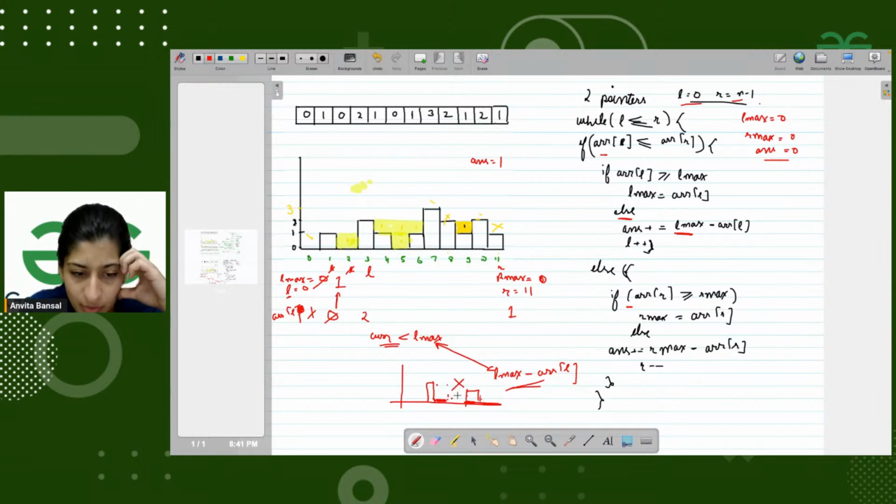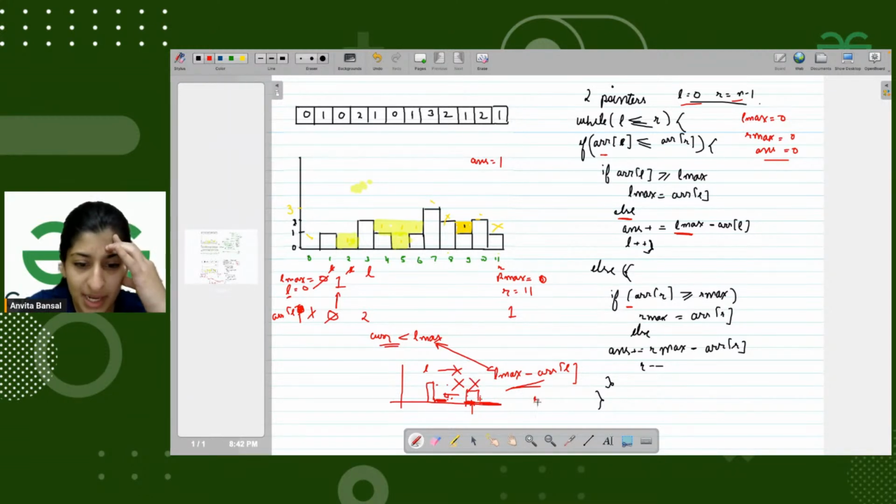You don't have to worry about the right part, left part when you are dealing with the right index, and vice versa. When you are dealing with the left index, don't worry about the right part. Just think about right. So when you are at the right pointer and your right max is less than your own value, that means you cannot store any water.